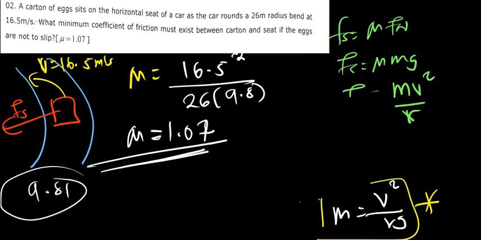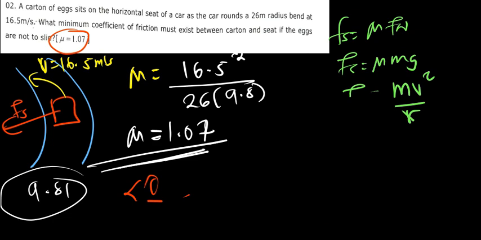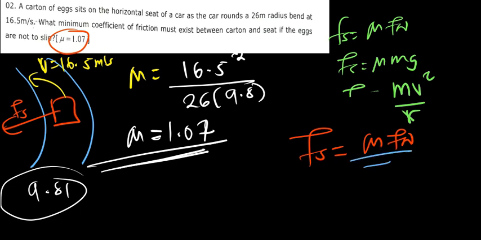Now, I want you to ask me, why is it that the mu value is greater than 1? We are saying that the mu value should always be less than 1. Let's go back to Newton's laws of motion. The friction force is equal to mu times the normal force. If I make mu the subject of the formula, I divide both sides by the normal force.